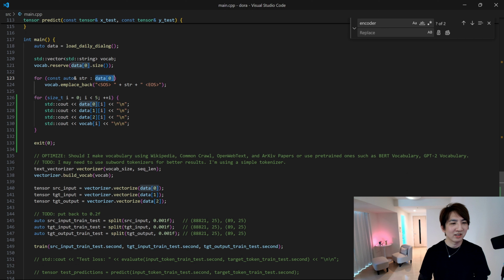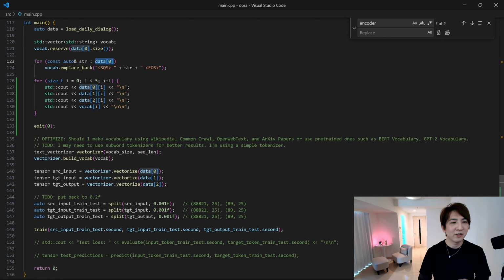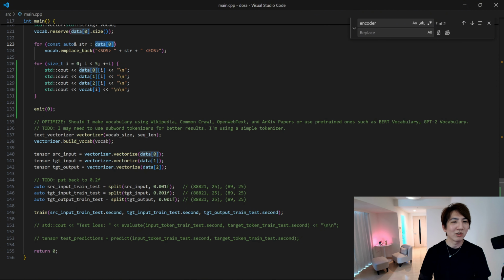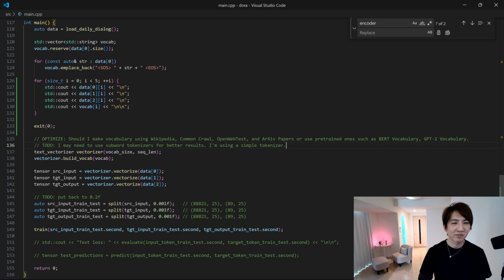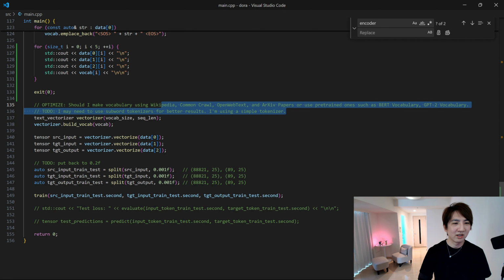But in general, you'd make the vocabulary out of Wikipedia or Common Crawl, OpenWebText, and sometimes research papers from arXiv. And there are also pre-trained ones as well. So for the future I might use this method.